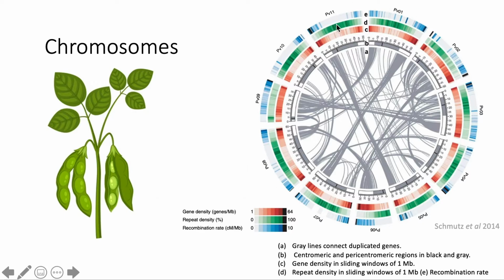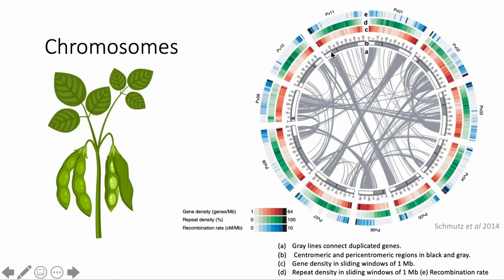And as you can see here, in the pericentromeric region, there are more repetitive sequences. And the blue color here represents the recombination rate. So the recombination is higher in the arms and is lower in the pericentromeric region, which makes sense because remember that in the pericentromeric region, the DNA is more compacted, it's more condensed.